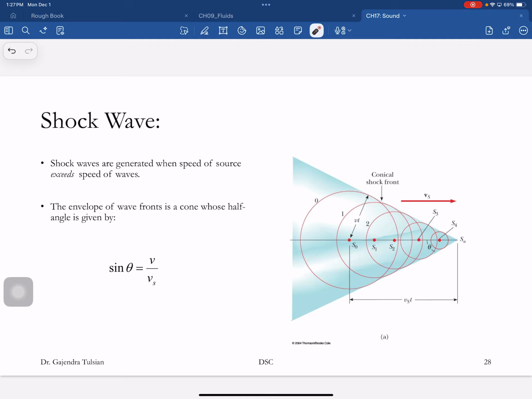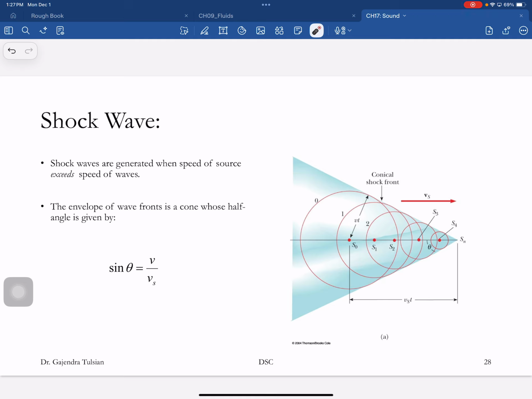All this outside the cone is atmospheric pressure. You have a pressure spike and then a low pressure region, actually. So you have a pressure spike on the surface of a cone. When that hits your ear, that sounds like a boom. That's a shock wave, and there's a lot of energy on that pressure spike.